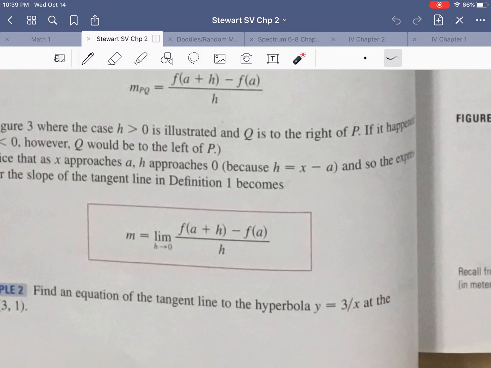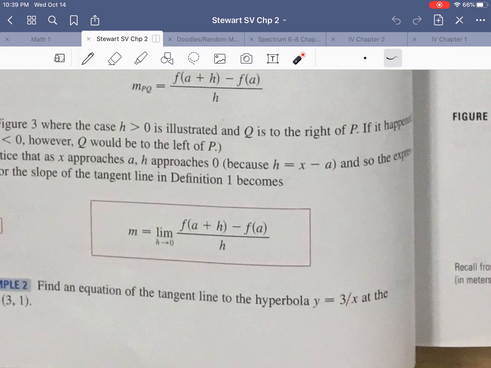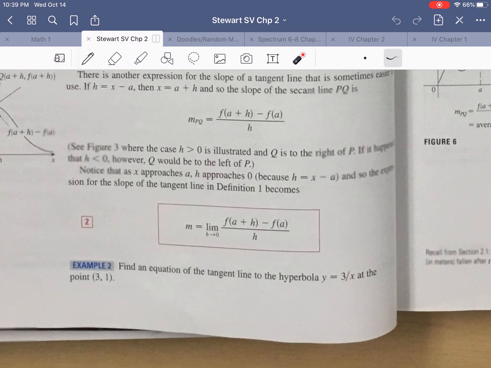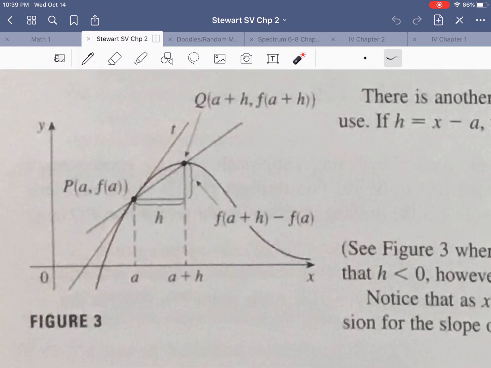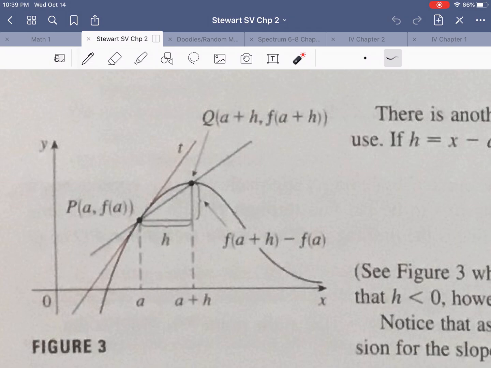There's another definition of the slope of a tangent line, a slightly different way of thinking about it, and you do really want to make sure that you understand this.